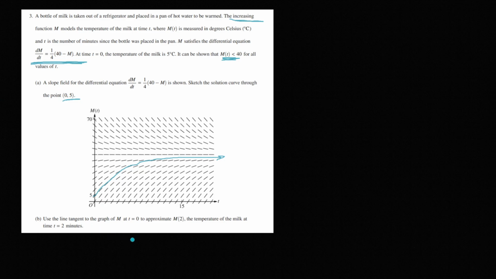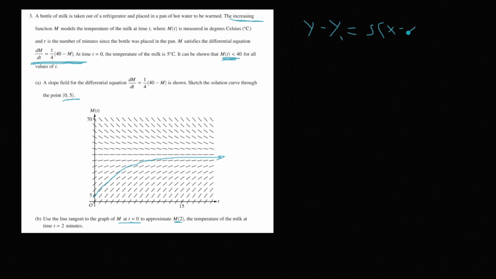Use the tangent line at t equal to 0 to approximate m of 2, the temperature at 2 minutes. All right, so this makes me think of y minus y1 is equal to the slope times x minus x1.